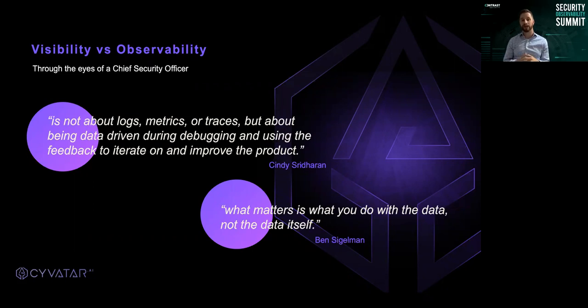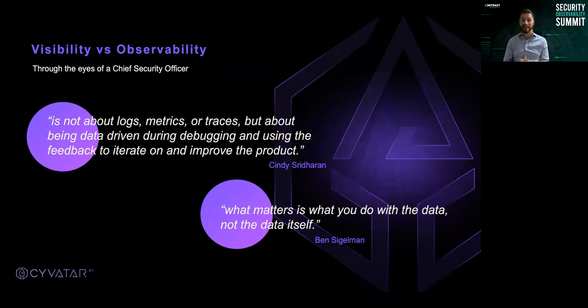Now that's all well and good, but you know nothing about the activity that occurred while that person was in the premises. Now, if you think about observability, observability would be much more akin to a CCTV system, right? So the ability to not only know that someone was attempting or successfully breaking into those physical premises, but also to observe what they're doing while they're there.